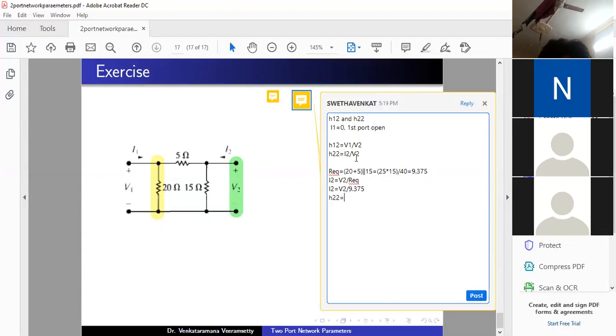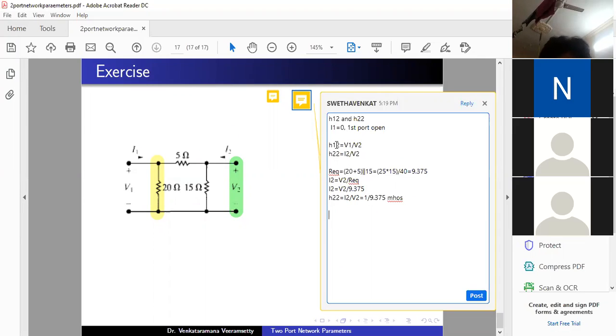H22 equals I2 by V2, so H22 equals 1 divided by 9.375. Now H22 is calculated.